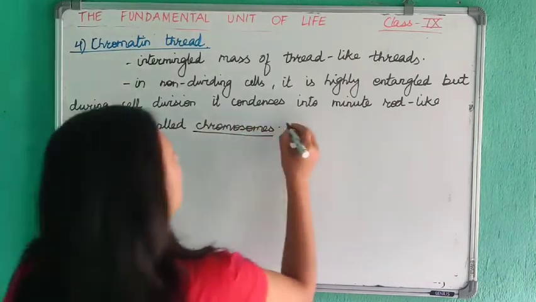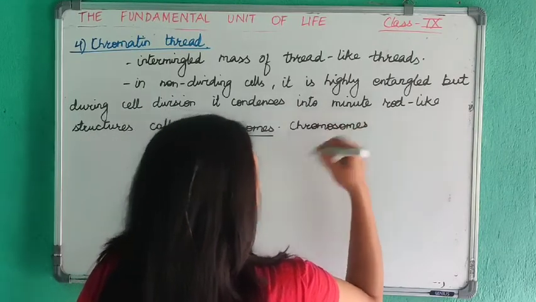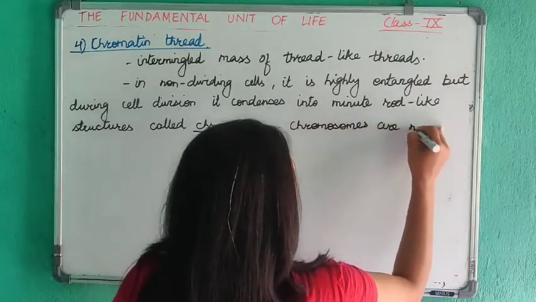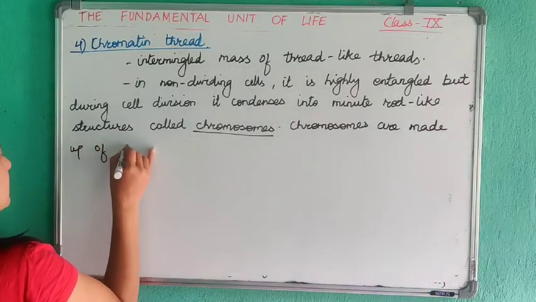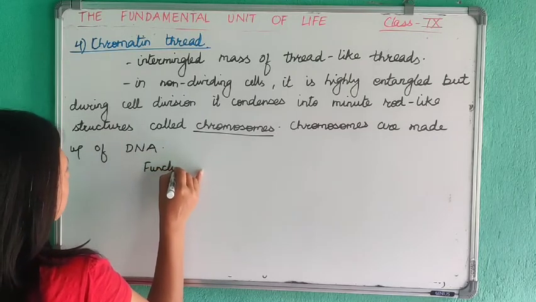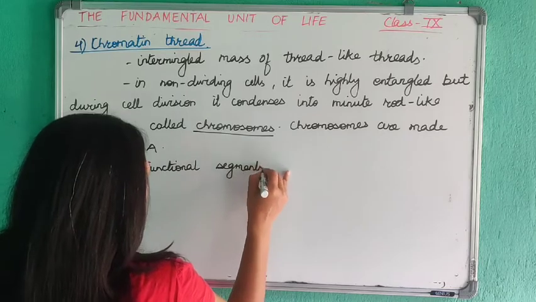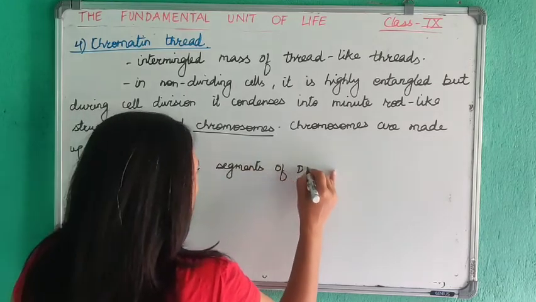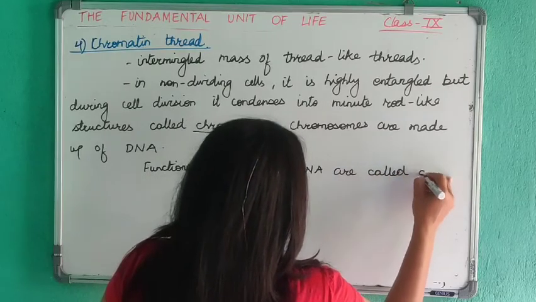Okay, chromosomes are made up of DNA. अब यो chromosomes चाहिँ अघि भनेको DNA ले बनिएको हुन्छ. अब फेरि DNA भित्र पनि functional segments हुन्छ. Those functional segments of DNA are called genes.